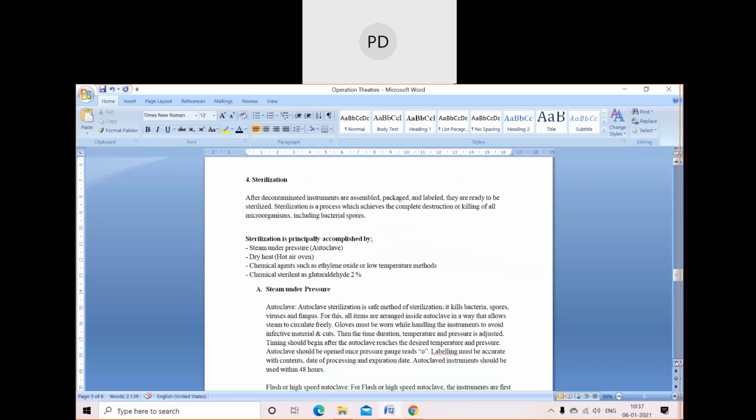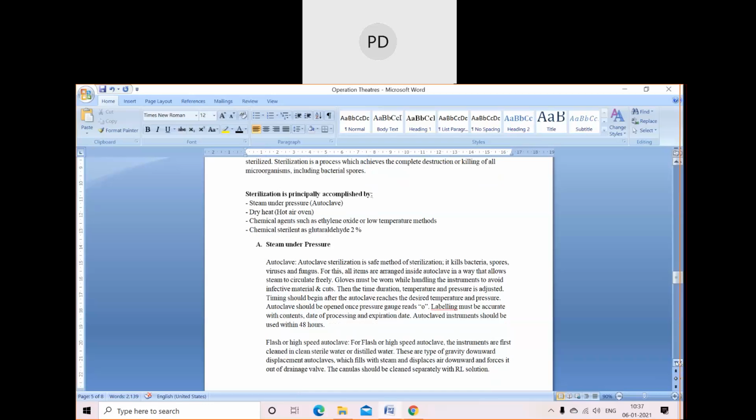Steam under pressure is autoclave only, which is one of the safest methods of sterilization, and basically in all the hospitals we use this particular method to sterilize any kind of instruments. It kills bacteria, spores, viruses, and fungus.